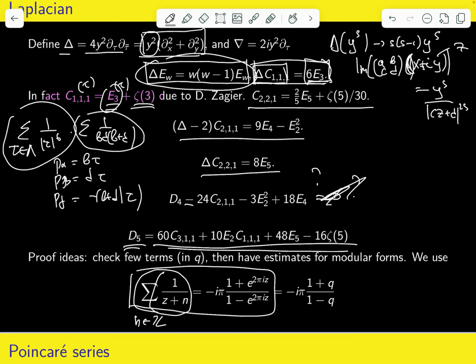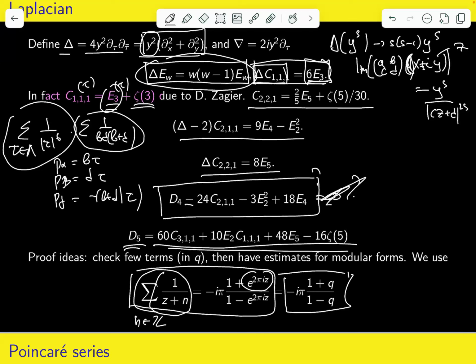Then you change this to Q, and now you have this expression in Q. Then you expand all your functions in Q. Then you look at the first few coefficients, for Q, Q square, Q cube. You observe that they are the same for these functions on the left and the right. Then you estimate that these things grow at most polynomially at infinity. And since they're all modular and have the first coefficients equal, they must be equal.